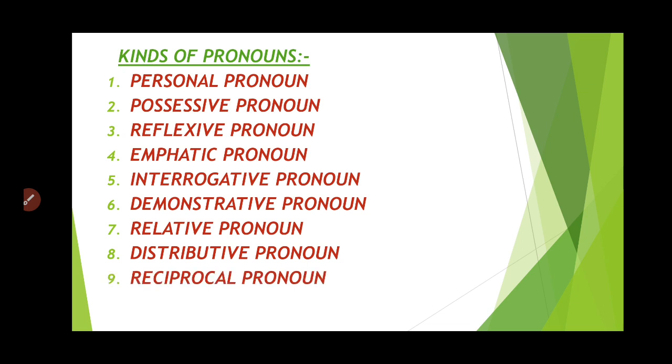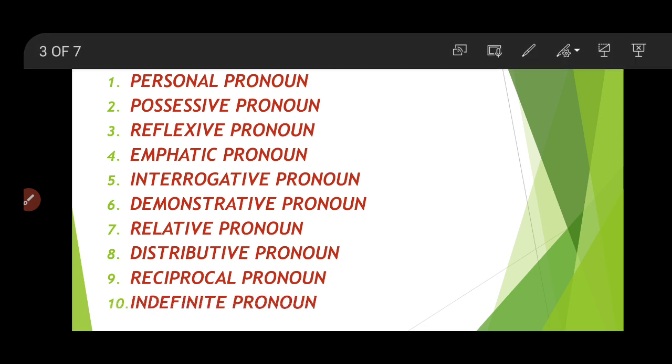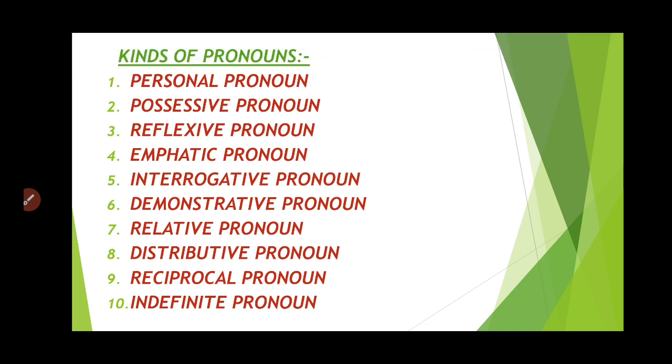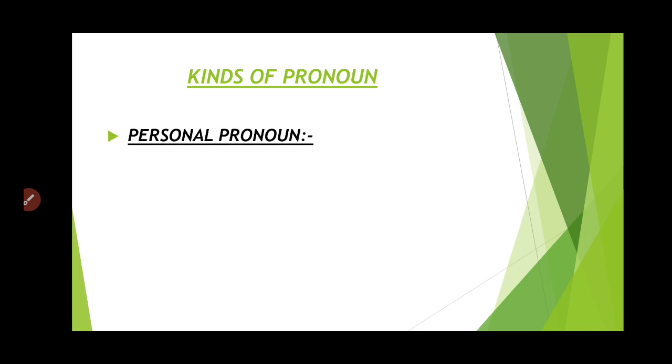Number 9, reciprocal pronoun. And number 10 is indefinite pronoun. Okay, students? So these are the 10 kinds of pronoun. Let us look to the first kind of pronoun, that is personal pronoun.